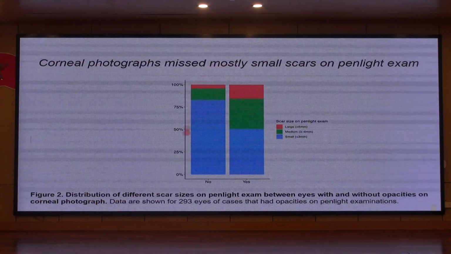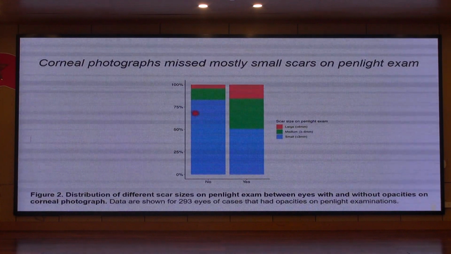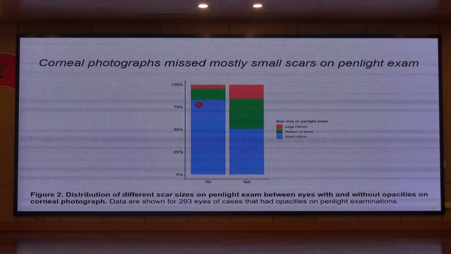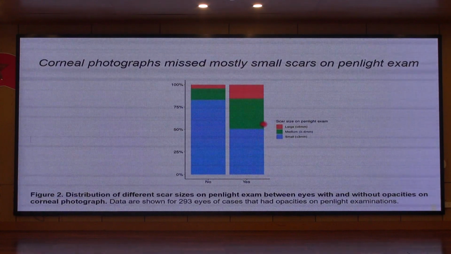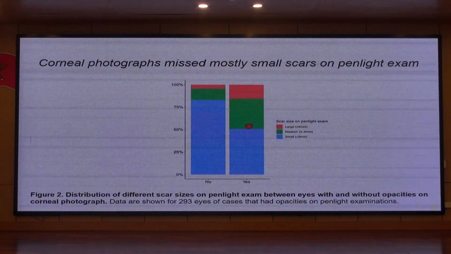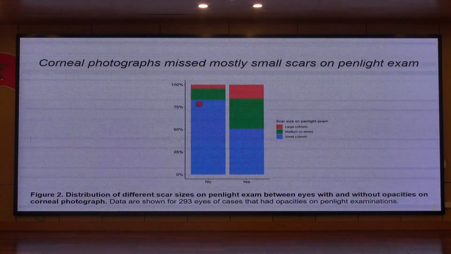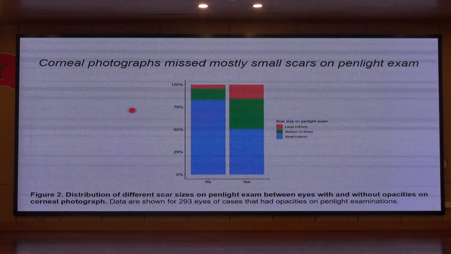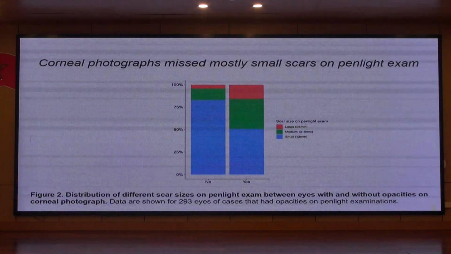So as you can see here, among the people with the missed opacity on the corneal photographs, more than 80% were characterized as small scars, whereas for those who had opacity detected on both corneal photograph and penlight, only 50% were characterized as small scars. So these findings show that corneal photographs tend to miss small scars on the penlight exam.